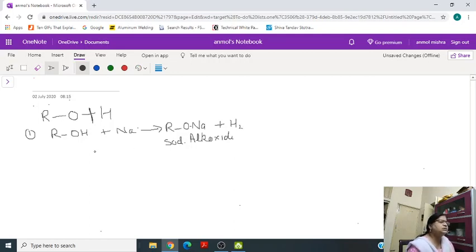Now since in this reaction hydrogen gas is liberated, this shows that alcohol is acidic in nature. Alcohol is acidic in nature.